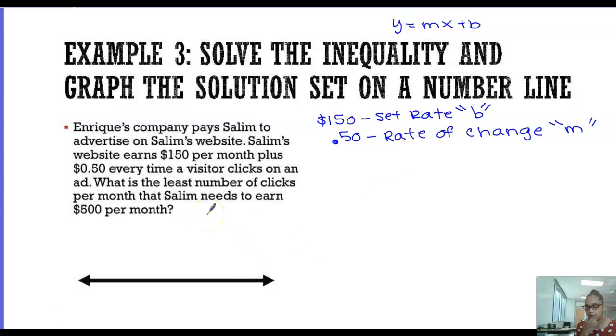So let's go ahead and try to come up with an inequality that will help us figure this out. When it says least number of clicks, least, I could have more than that number of clicks, or I could have equal to that number of clicks that will let me get $500 per month. But I want to make at least $500. So the 150 set rate plus the 50 cents per click, we'll say x is the number of clicks.